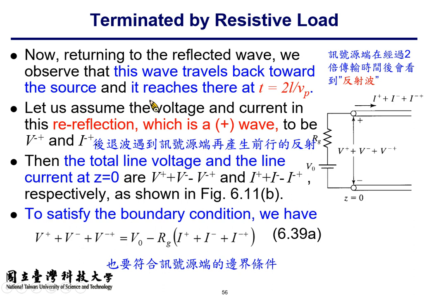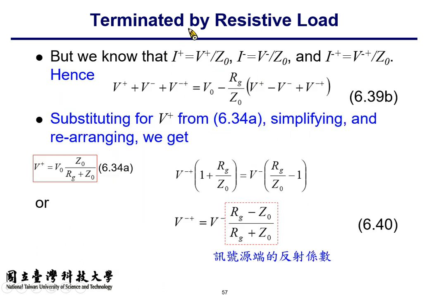That is, V0 minus Rg times the total current should be the total voltage. Then what can we do? We can substitute I plus, I minus, and I minus plus with this relationship and try to solve this problem. You are recommended to do this yourself to see that V minus plus can be represented with this equation and this equation. We already showed this equation because this is the very first voltage signal due to this relationship.